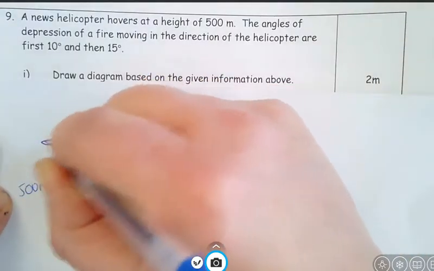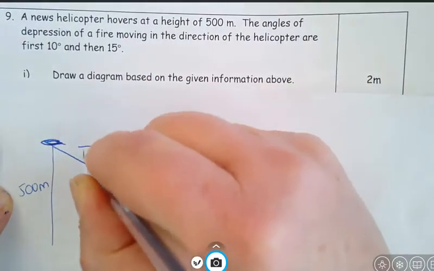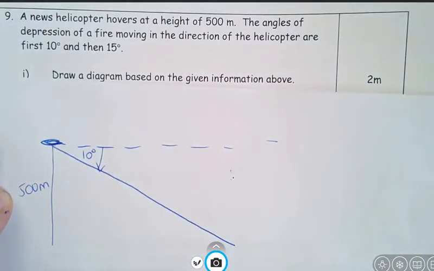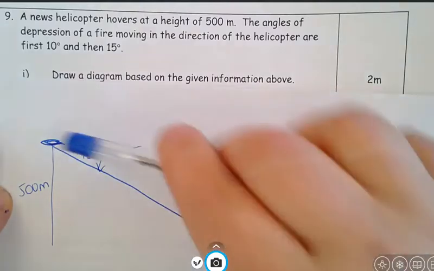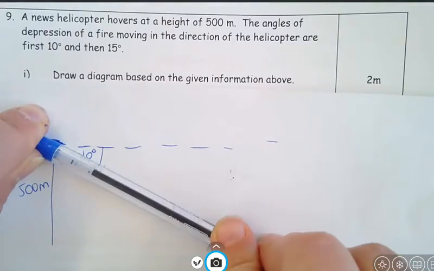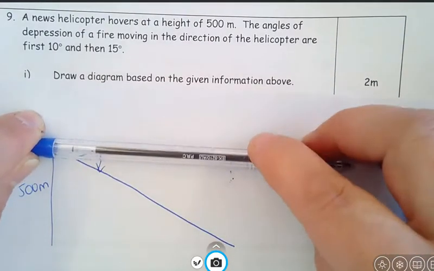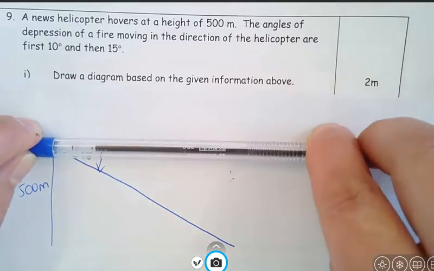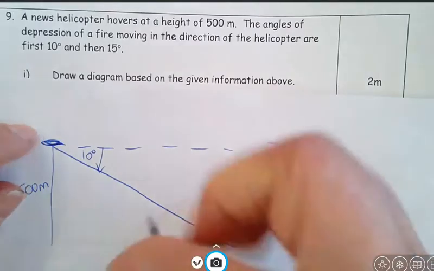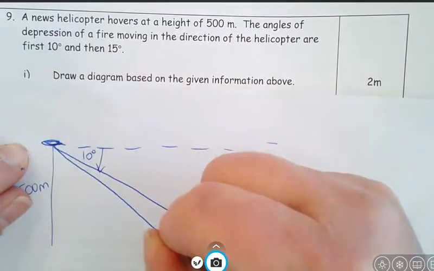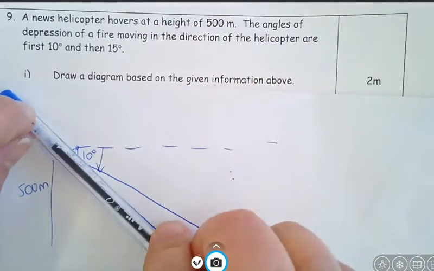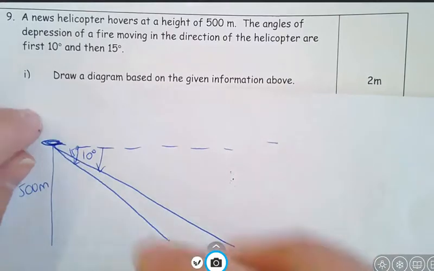So here's the helicopter. 10 degrees, looking down. You put your head down 10 degrees. And then it moves, then at the next measurement, the depression is 15 degrees. So that's bigger. So the fire must be getting closer.